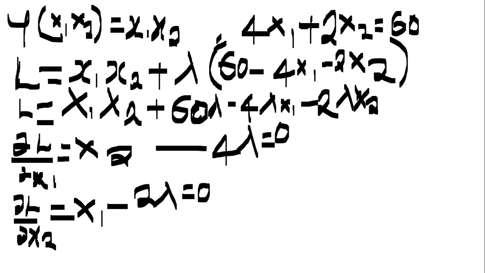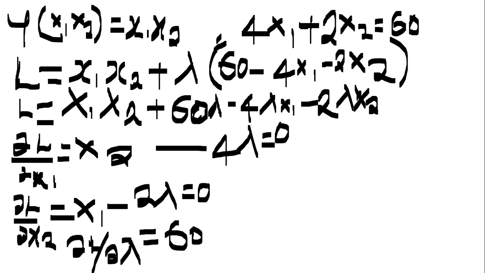Then lastly, we should also get the change in L due to change in lambda. If we differentiate this with respect to lambda, we're going to have 60 minus 4x1 minus 2x2.